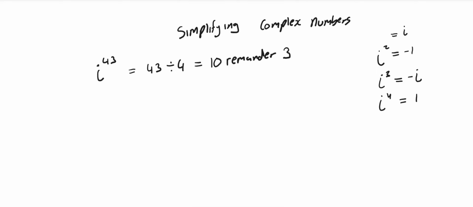And what we're going to do, we'll say i to the 43 is equal to i to the third. What is i to the third? i to the third is negative i. And that's how you simplify complex numbers.